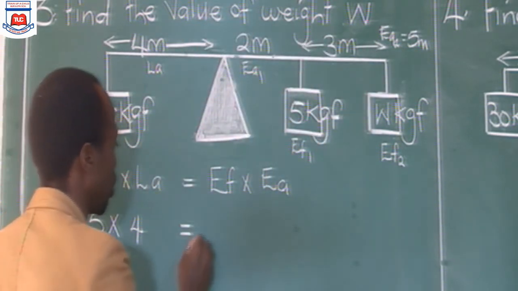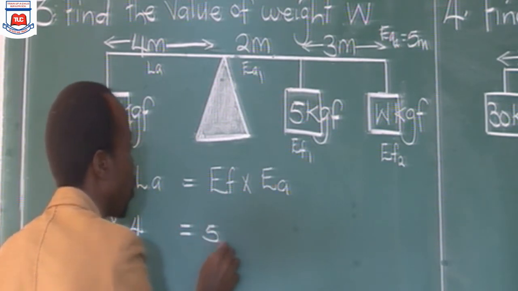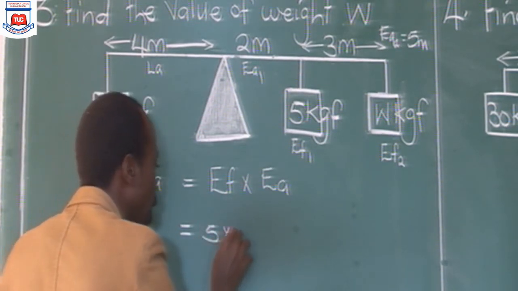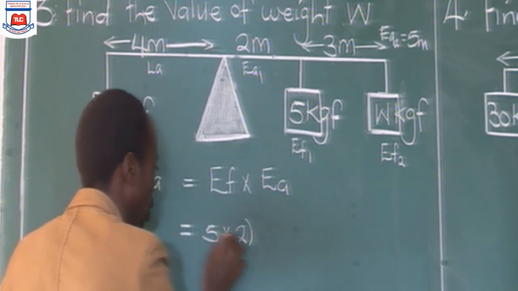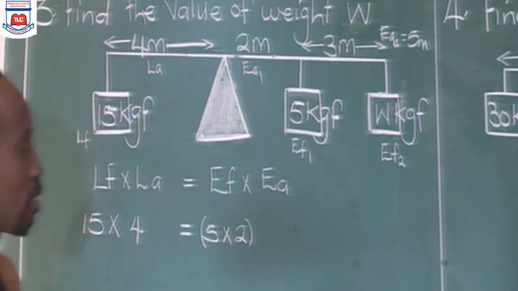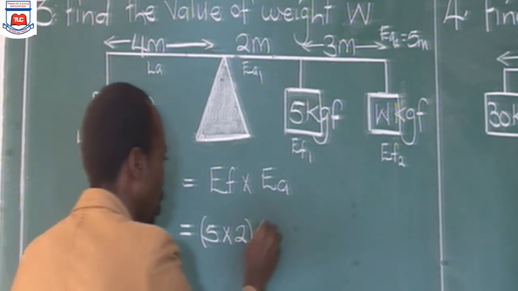As simple as that. So effort force 1 is 5 kilogram force multiplied by its distance from the pivot, that is 2. Remember to introduce brackets because we shall have different operations coming in.